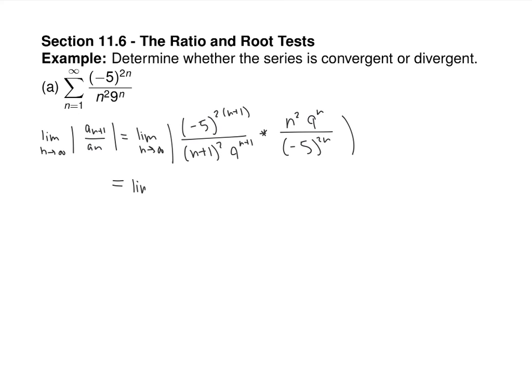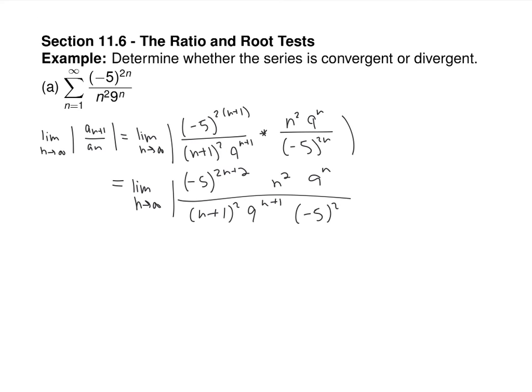So that's the limit as n goes to infinity of negative 5 to the power of 2n plus 2, n squared, 9 to the n, over n plus 1 squared, 9 to the n plus 1, and then negative 5 to the 2n. Now the negative 5 to the 2n will cancel, leaving us a negative 5 squared.